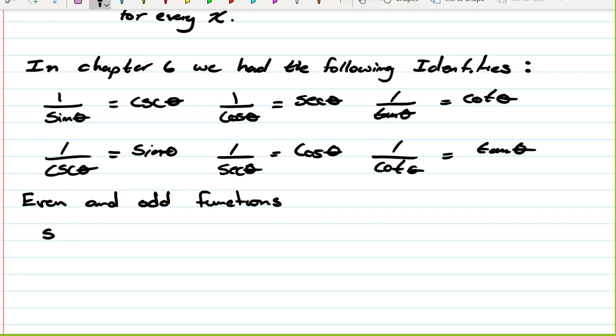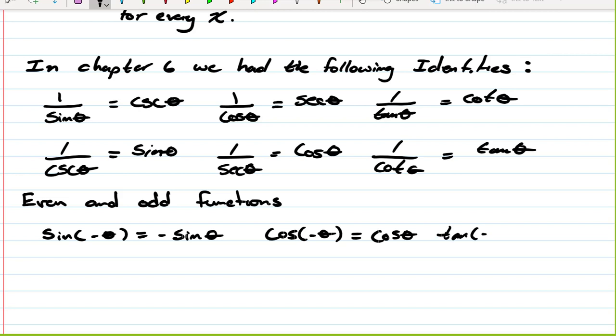So we had that the sine of negative theta was the same as the negative sine theta. And we had that the cosine of negative theta was the same as cosine theta. And we had that the tangent of negative theta is the negative tangent of theta.